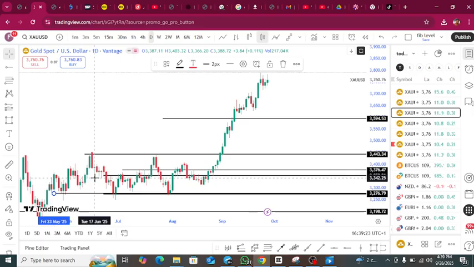Key levels tell you where to enter, where to take profit, and where to protect your account. That's the function of key levels.